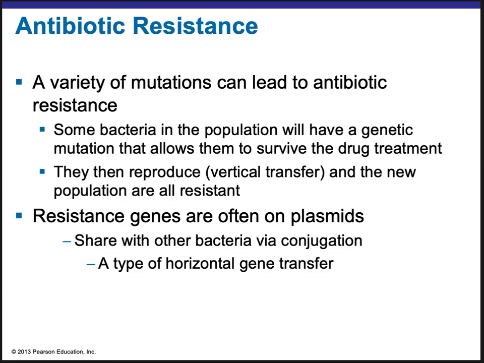But the few bacteria that have this natural resistance are going to survive, and they're going to continue to grow and multiply, and eventually you'll have a whole population that are resistant. So this is the first step in antibiotic resistance. Once you have a population of resistant bacteria, they can share this resistance gene with other bacteria that don't even have to be the same species. And they can do this very rapidly through conjugation.